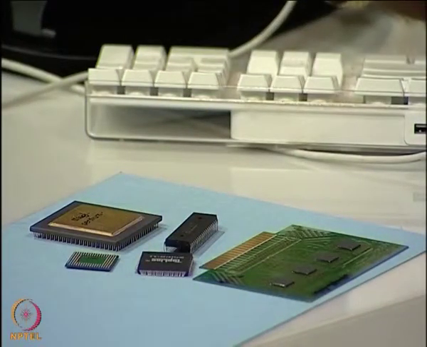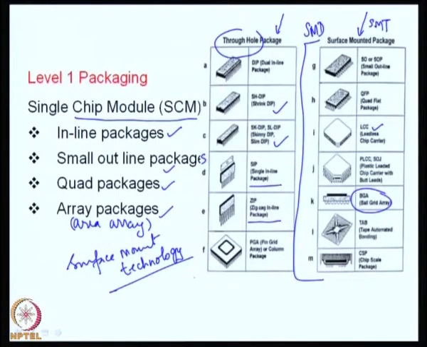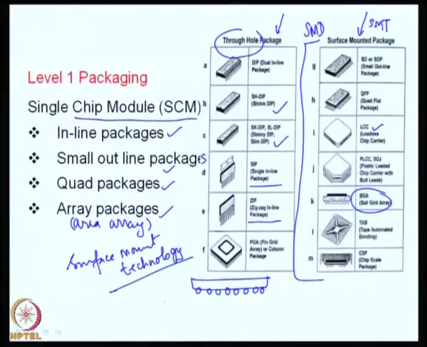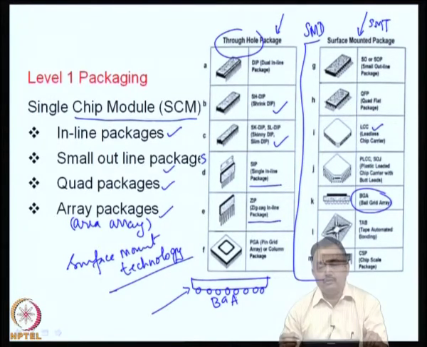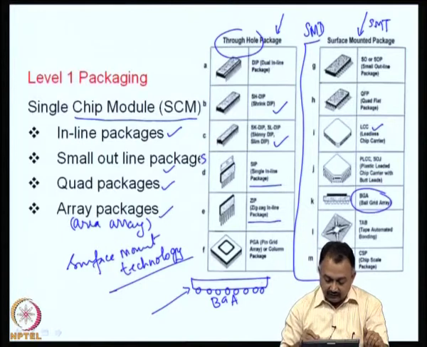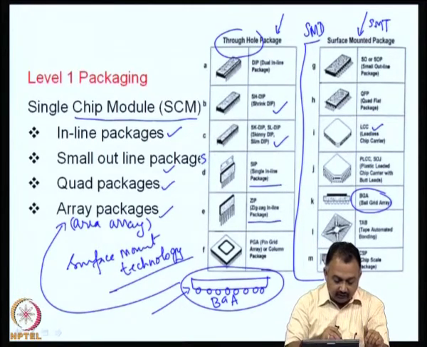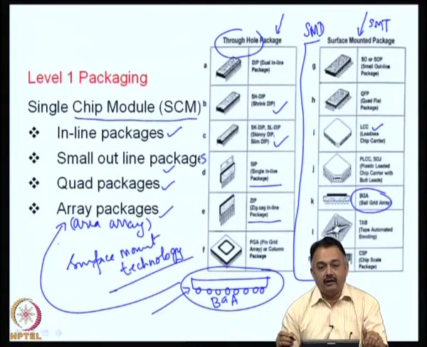If you look at a cross section of such a device, it will be like this. There will be a series of solder balls, as you can see here in this figure, which will establish the interconnection to the board, and you can arrange this entire grid in an array format. That is why these are known as area array packages.